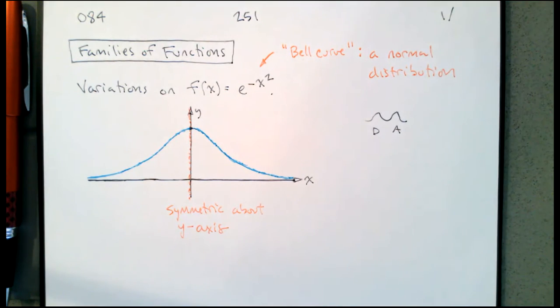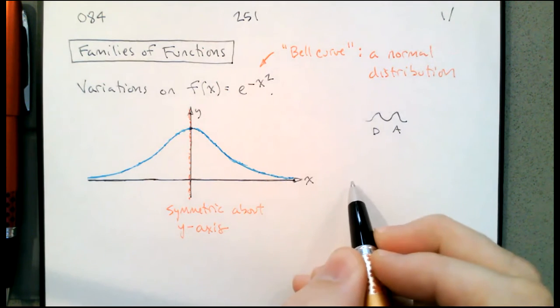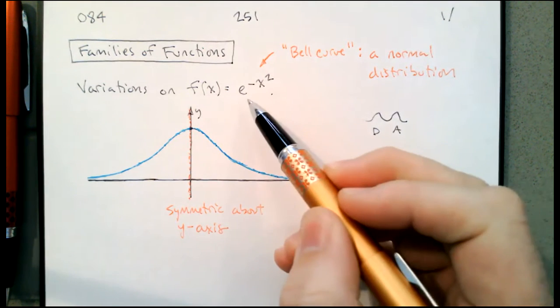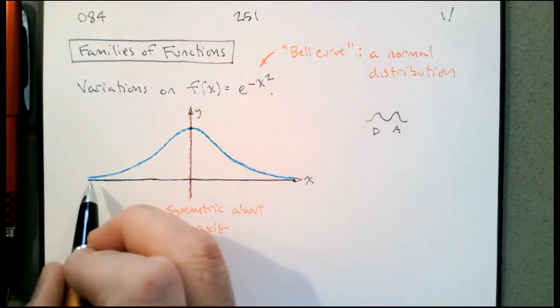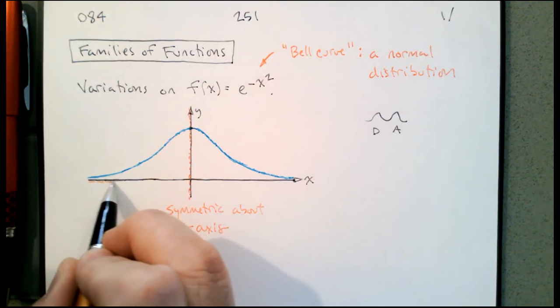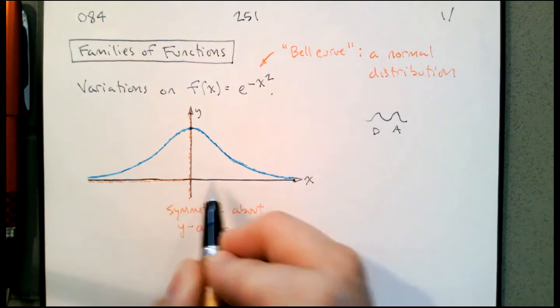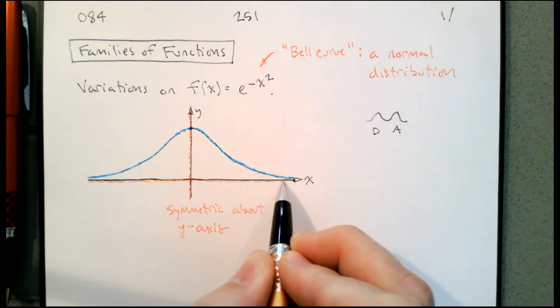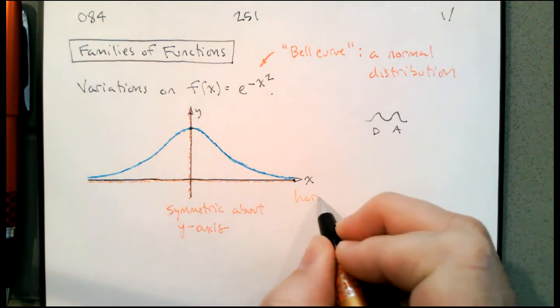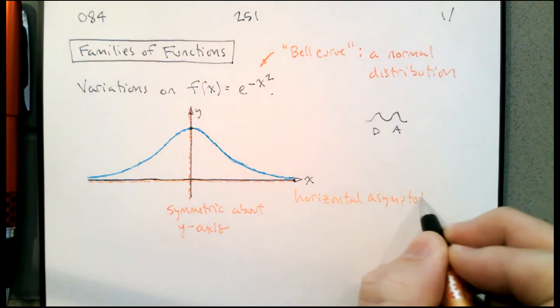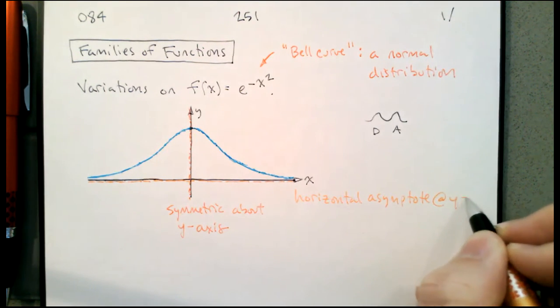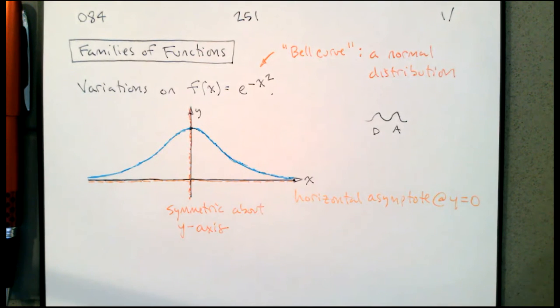Another observation that we might make is that there is a horizontal asymptote. No matter how large x gets, the function gets closer to 0, but never becomes 0. I can't take a positive number and raise it to any exponent and come up with 0. So there's a horizontal asymptote where y is equal to 0.